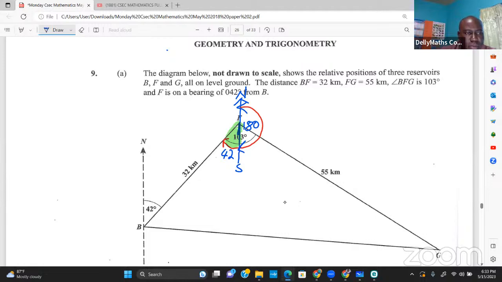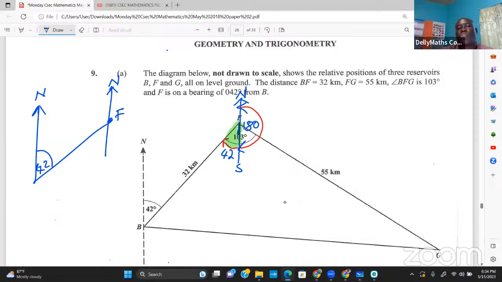Method 2. Another method we could do to find that bearing. You would have had here B, F. You do know that the north lines are parallel to each other. This is 42. So we want to take note of this. It's very important. When you have two north lines, they are parallel to each other. This line here becomes a transversal.